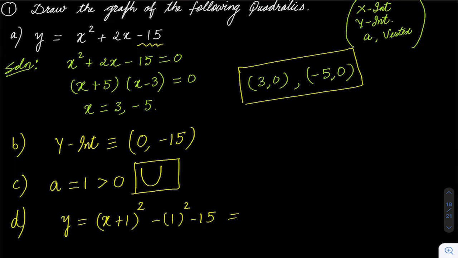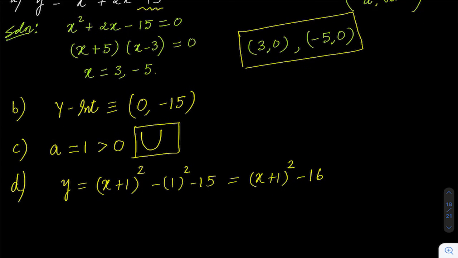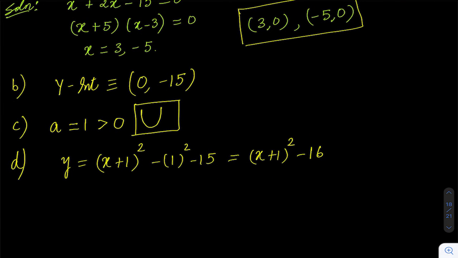So this will be nothing but y equals (x plus 1) whole square minus 16. Now we learned this: whenever we complete the square, there should be no single x term. There should be x only in the square term. So once you have that, equate it to be 0. So x plus 1 equals 0.